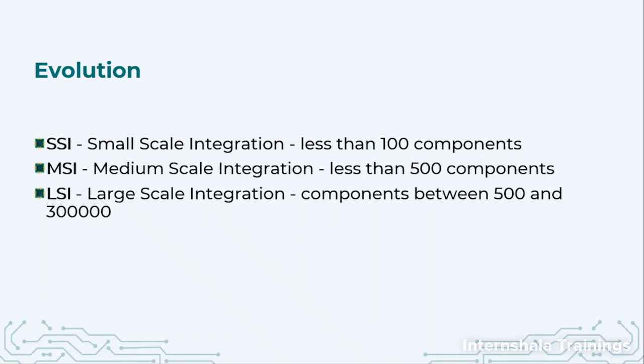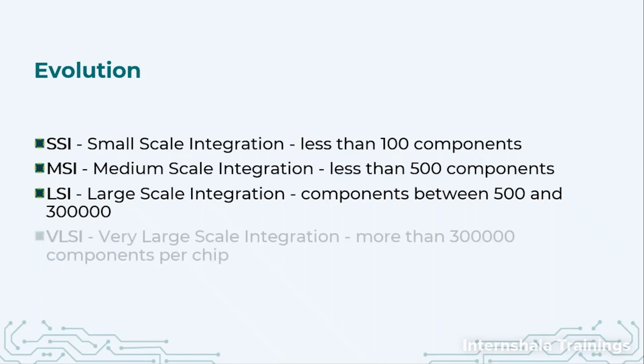How did that happen? That happened because of computer aided design tools, CAD. And now in VLSI we are able to integrate even millions and billions of transistors on a single chip. In some literature you can also study a term called ULSI, which is ultra large scale integration, but more or less it's considered a part of VLSI.